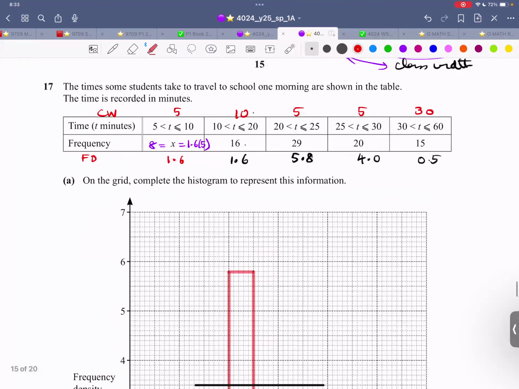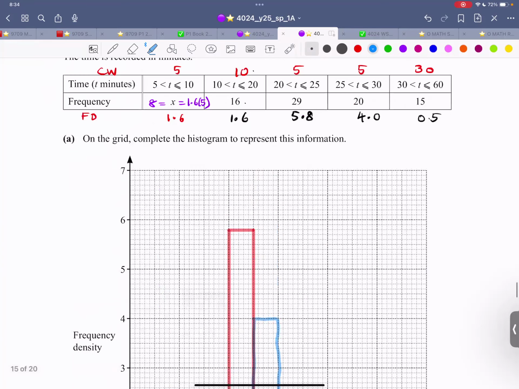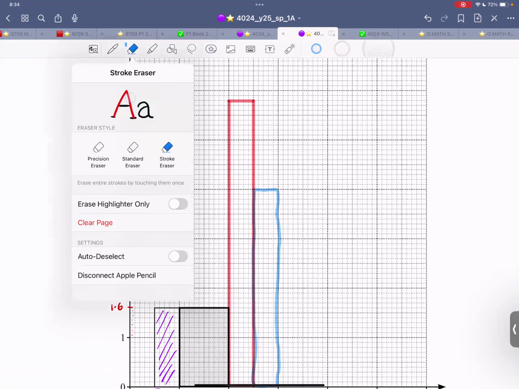And then 25 to 30, 4.0. Something like this. And then let me just make it nicer.